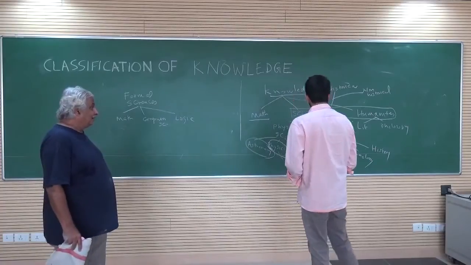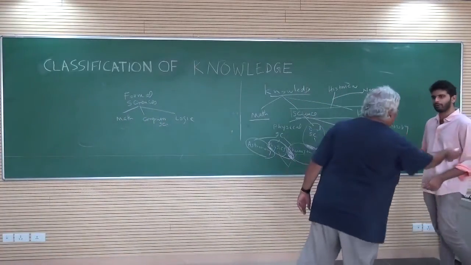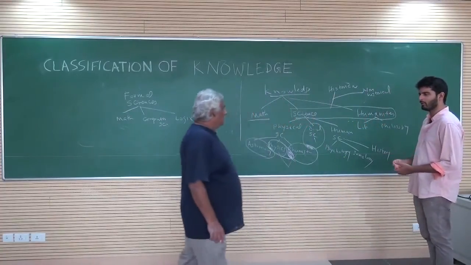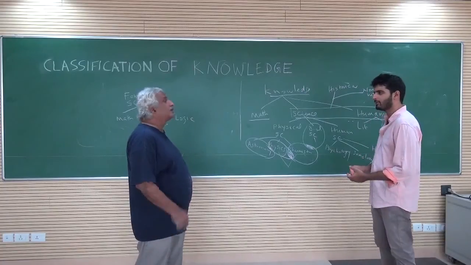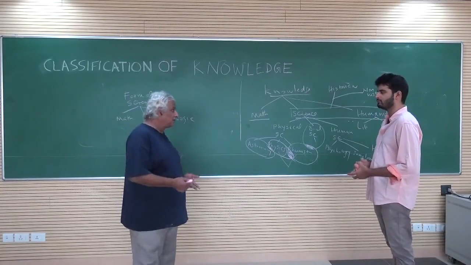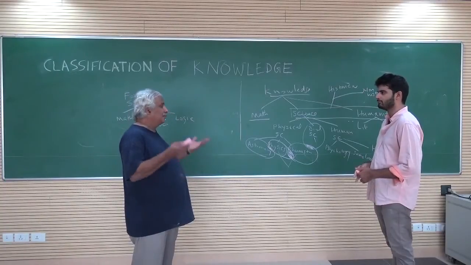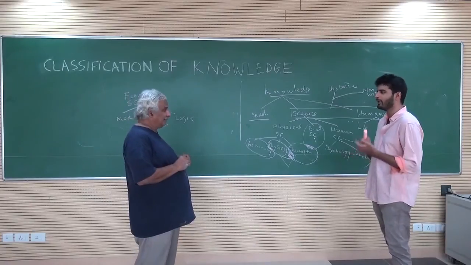Okay. So when you say philosophy here, if logic is not a part of it, what comes under philosophy? What are the things studied here? Philosophy studies human concepts, actually. Concepts like justice, concepts like knowledge, concepts like equality, truth. These are the kinds of things that philosophers study. Concepts created by humans.